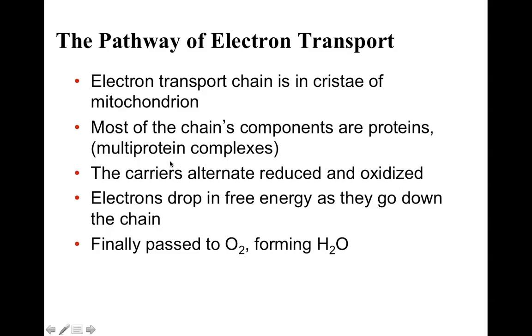So these carriers in the electron transport chain go back and forth between reduced and oxidized. What does that mean? Basically, it means they are accepting and passing on electrons. And as the electrons get passed along, they drop in free energy.